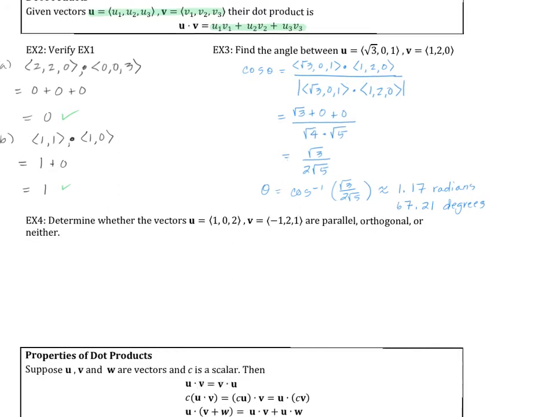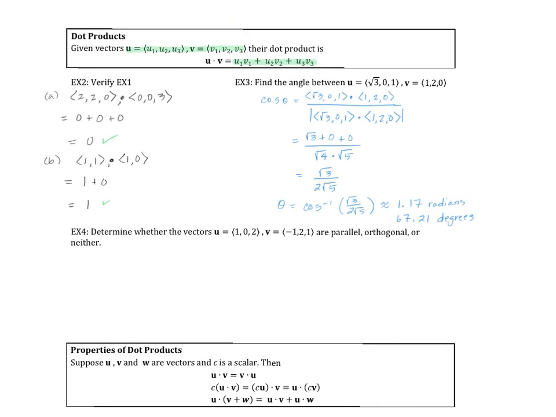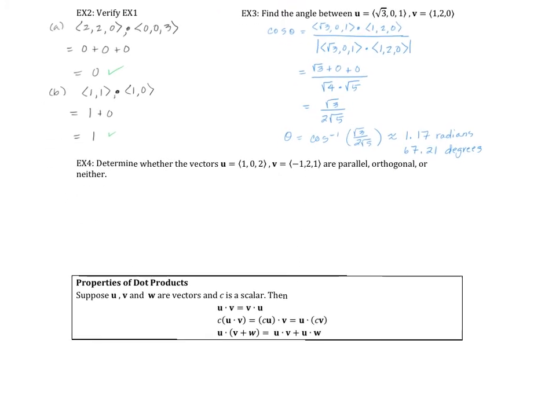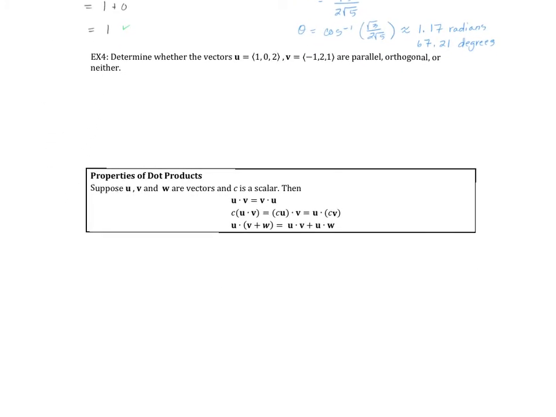All right. So another thing we can do with dot products is determine whether vectors are parallel, orthogonal, or neither by looking at their dot products. Because remember, if vectors are parallel, then their dot product would be plus or minus the product of their magnitudes.